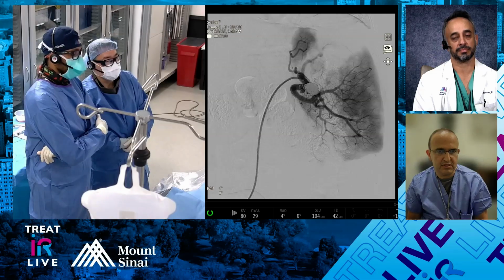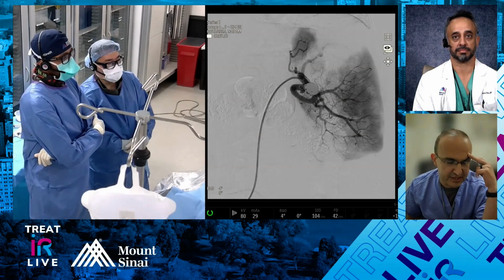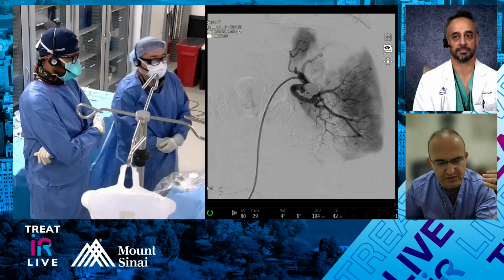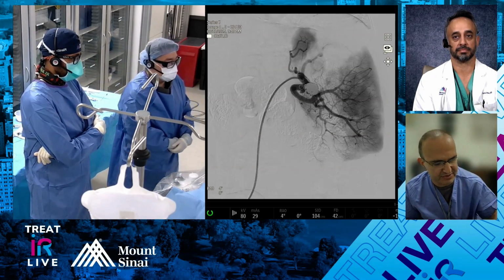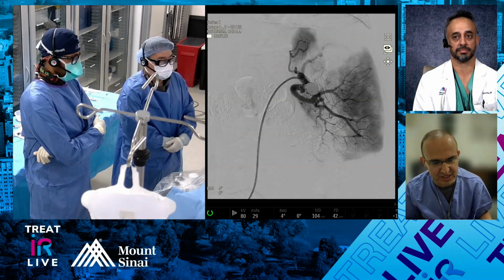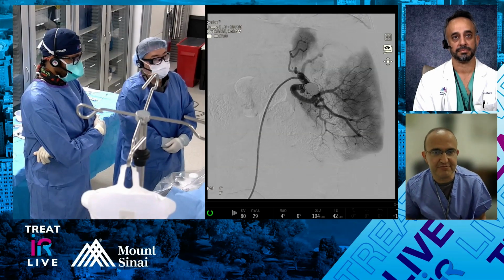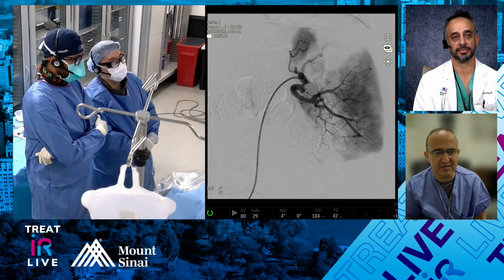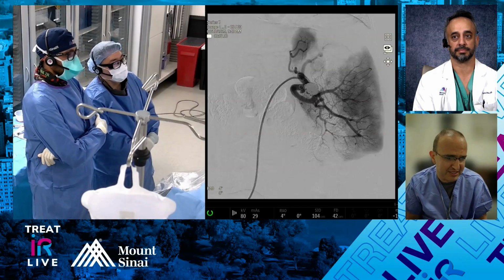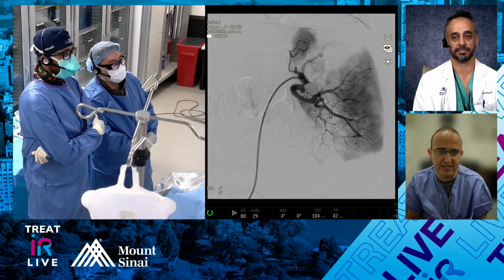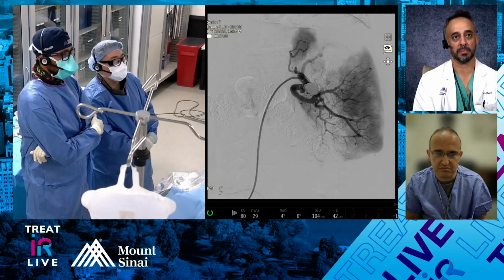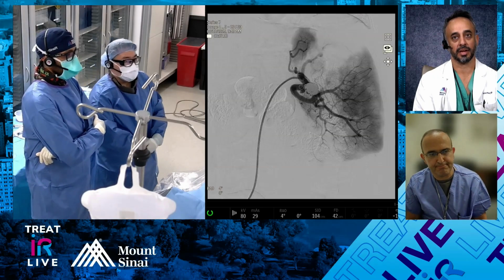Sometimes, especially in cases where we do distal embolization, we feel like giving steroids helps too. And we tried a celiac plexus block one time, and that helped a lot. Absolutely.